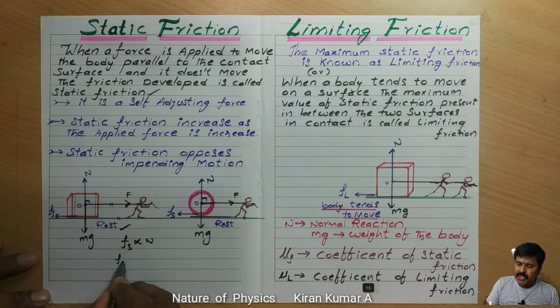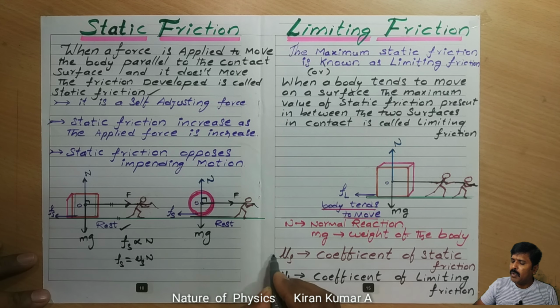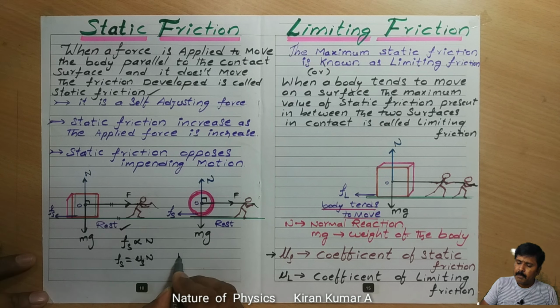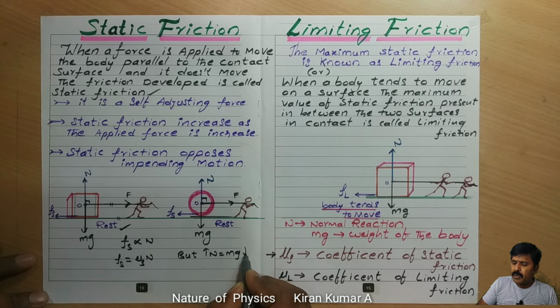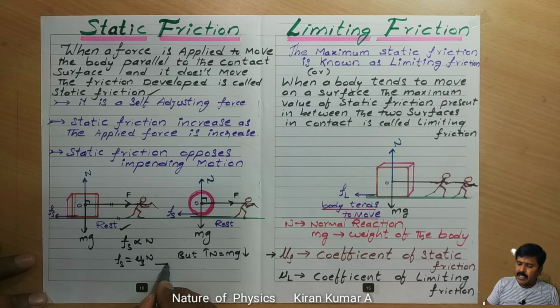So static friction is equal to mu s into N, where mu s is the coefficient of static friction, students. But according to the diagram, the normal reaction is equal to mg; both are equal in magnitude and opposite in direction. Now replacing the value, I am considering this equation 1: Fs is equal to mu s into N, with the value replaced by mg.